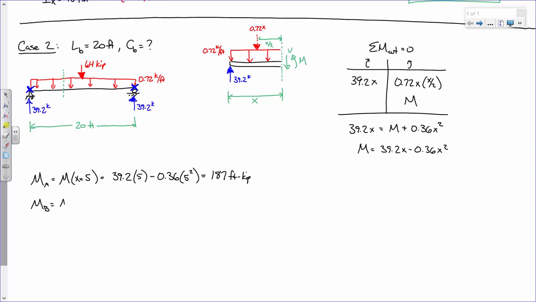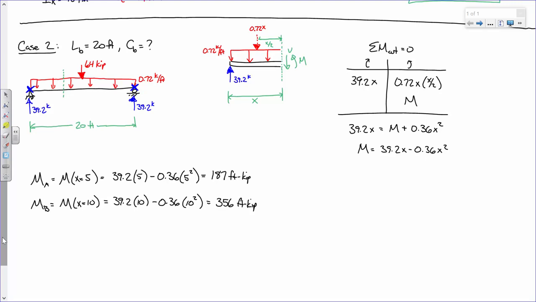M at x equals 10. So 39.2 times 10 minus 0.36 times 10 squared, and what does that equal? You should recognize this number. 356, right? Because that's the moment at midspan.